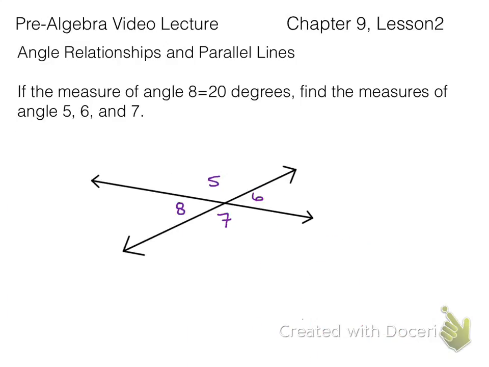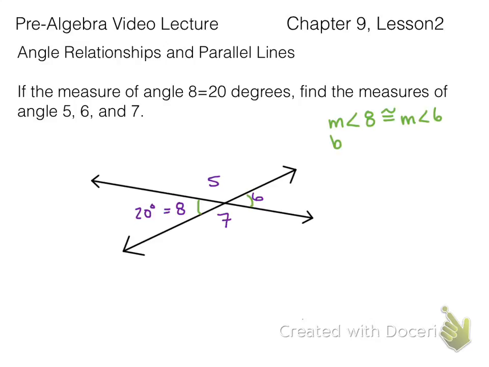All right, so if the measure of angle 8 equals 20 degrees, find the measure of angle 5, 6, and 7. This is actually going back to the vertical angle thing, where we know some stuff about some stuff. We know that angle 8 equals 20 degrees.